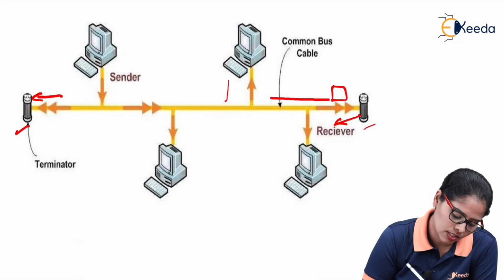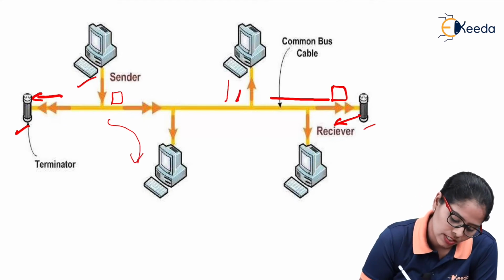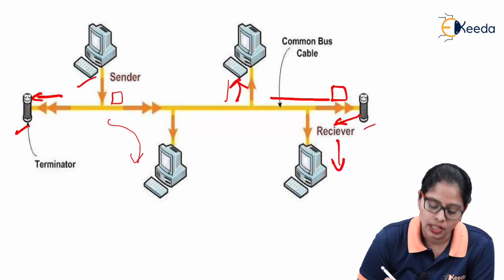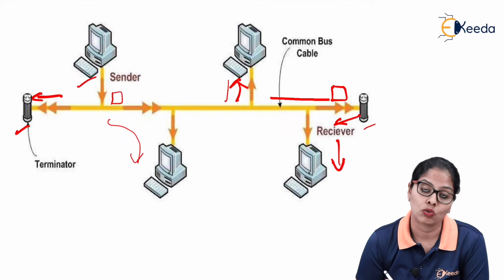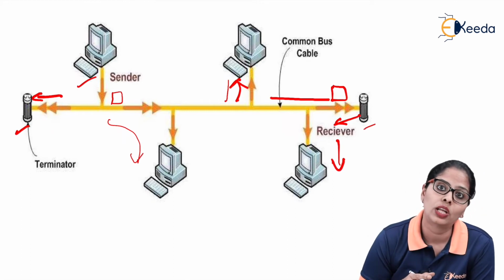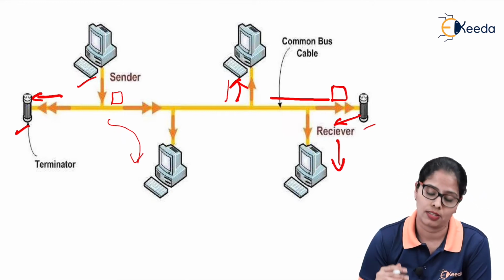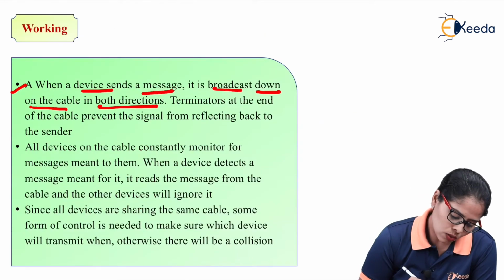Now see here, this is my sender, and he wants to send the packet. It will send to this device also, this device also, and this device also. Whatever number of devices are connected to that cable, it will send the packet to each and every device. That is called broadcasting.